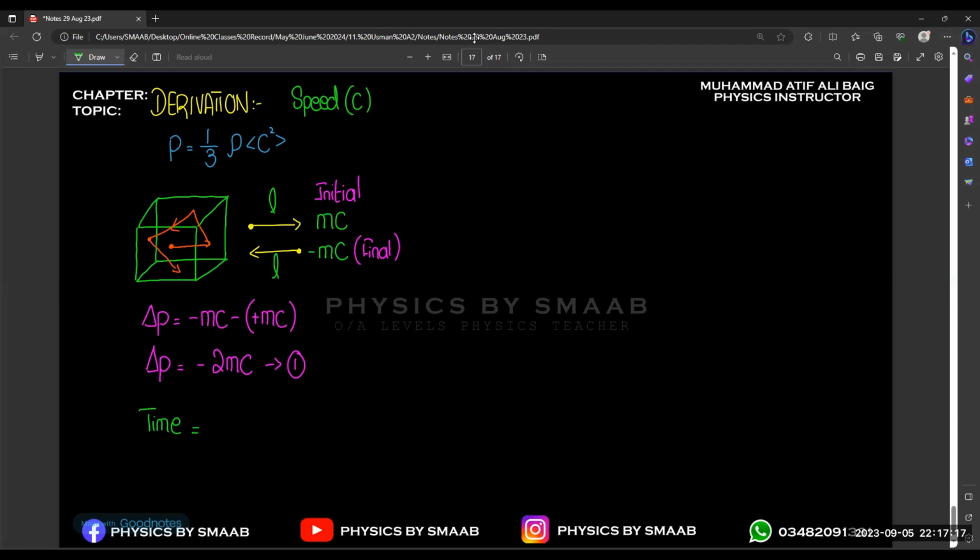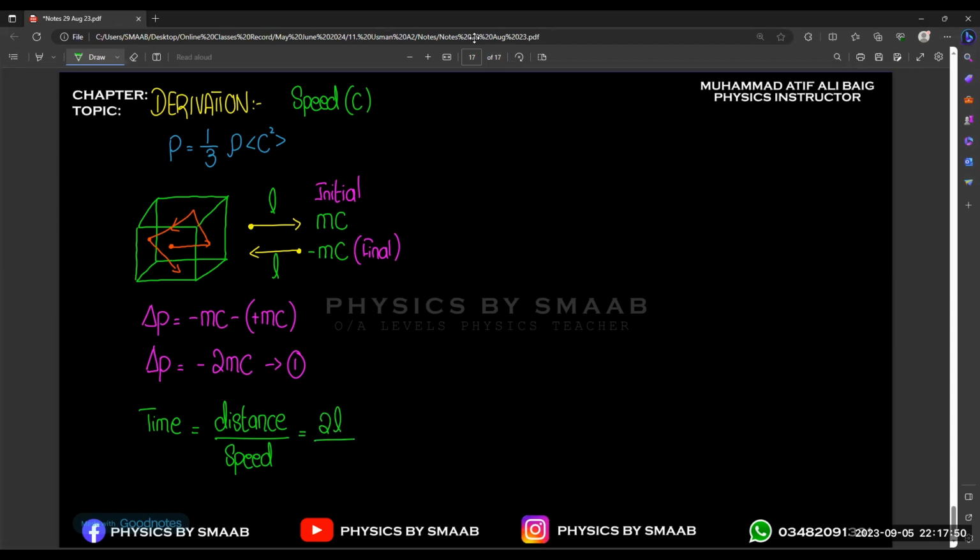And the formula for speed is distance upon time, right? If we just shuffle the values, your time will be equal to distance upon speed. Clear? Any confusion? This is the normal formula: speed is equal to distance upon time. Okay.